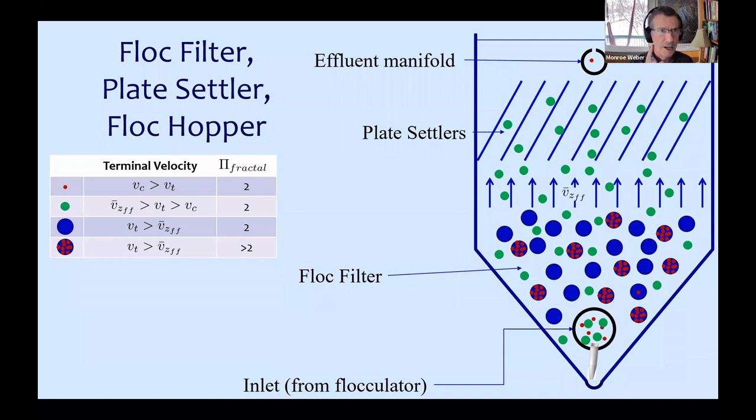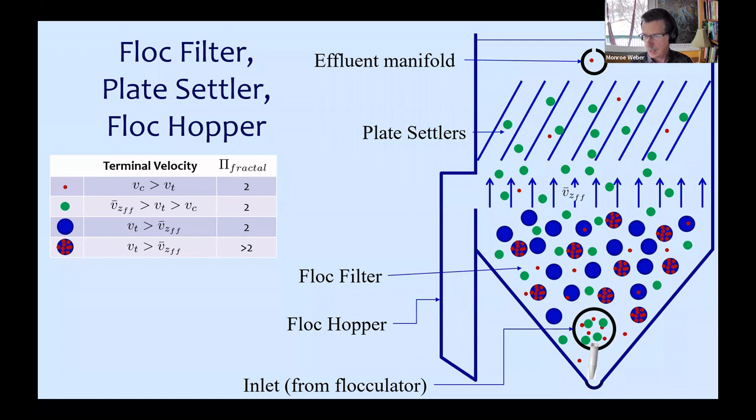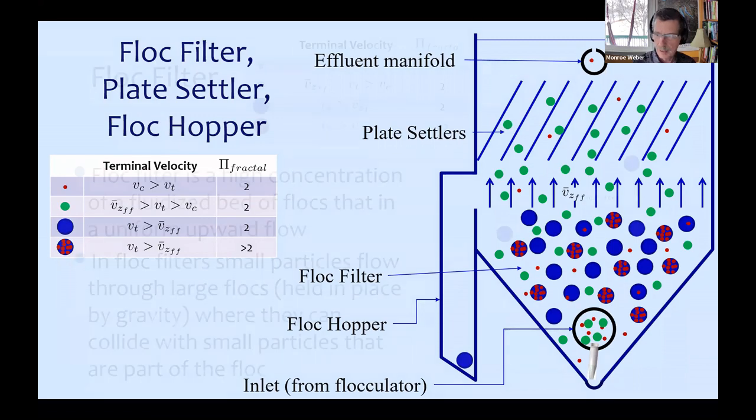So there must be some other place where particles are leaving, and that's going to be, what did I forget? It's going to be a flock hopper that I'm showing here on the side of this flock sed filter.